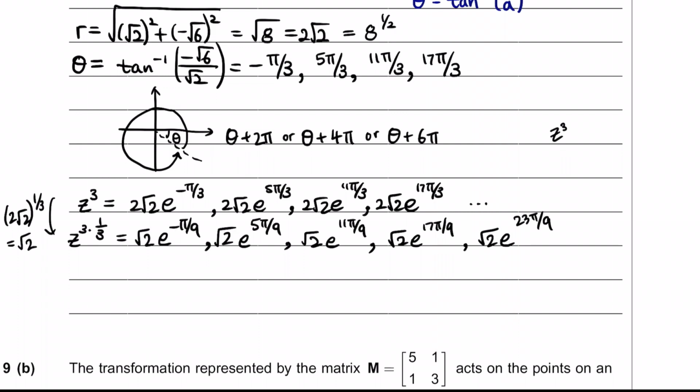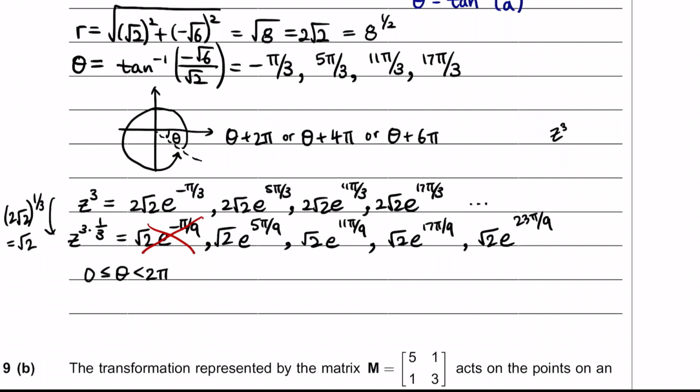I just did one more theta here at the end to really show what I'm going to eliminate. Because we want our theta to be within 0 and 2 pi, minus pi over 9 is not in the range. 5 pi over 9, 11 pi over 9, 17 pi over 9 are all within the range.